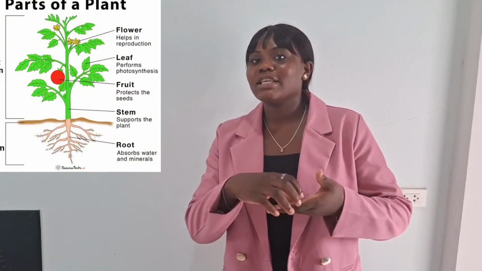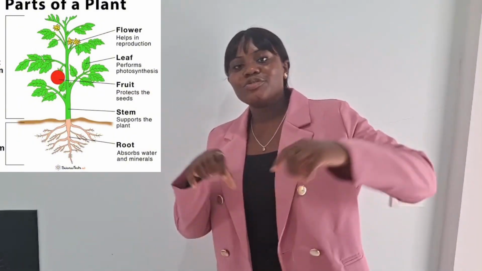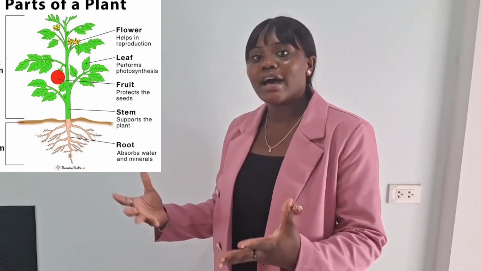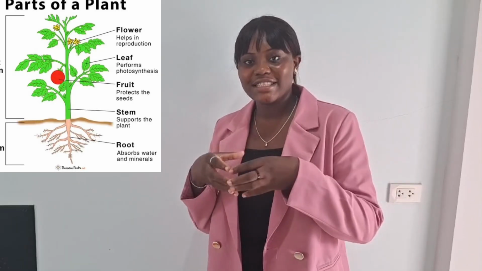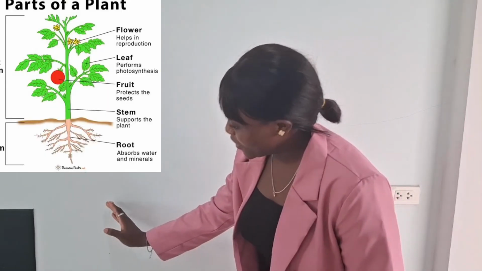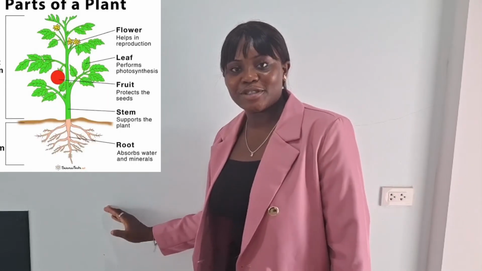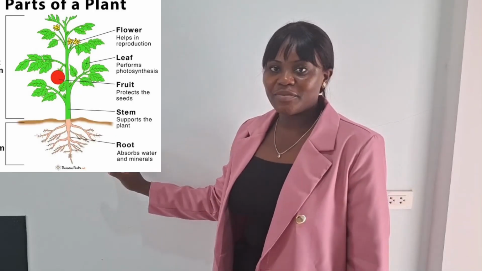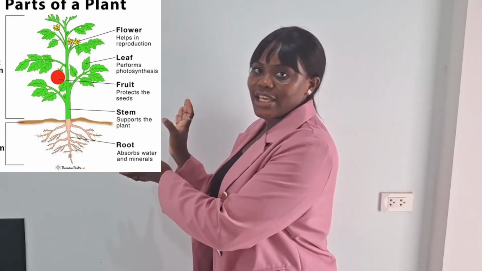The stem is known as a transport system and as well acts as a support system to the entire plant. So when water and mineral is consumed by the roots, passes through the stem, gets to the leaves.